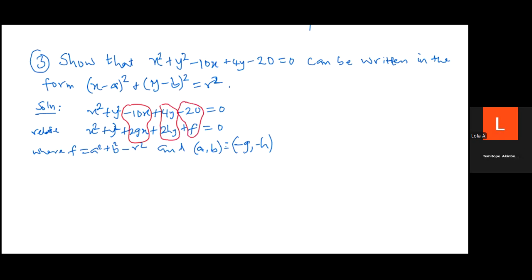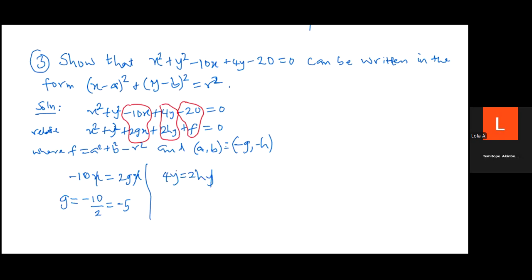So minus 10x equals 2gx. x cancels out. So g will be equal to minus 10 over 2, which is minus 5. Similarly, 4y equals 2hy. y cancels out.